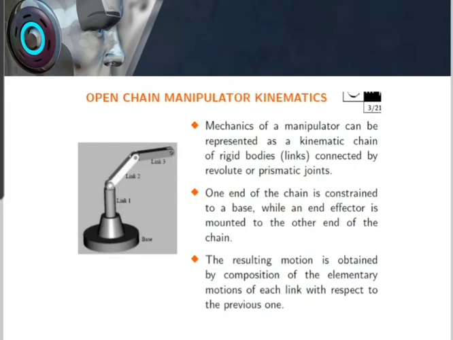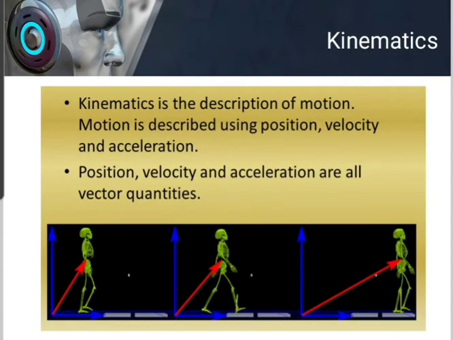So kinematic is the description of motion, and motion is described using position, velocity and acceleration, and these, that is position, velocity and acceleration, are all vector quantities.